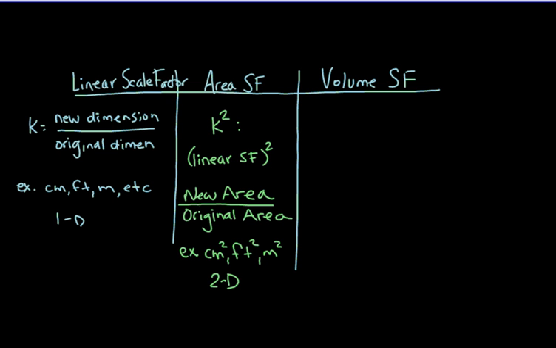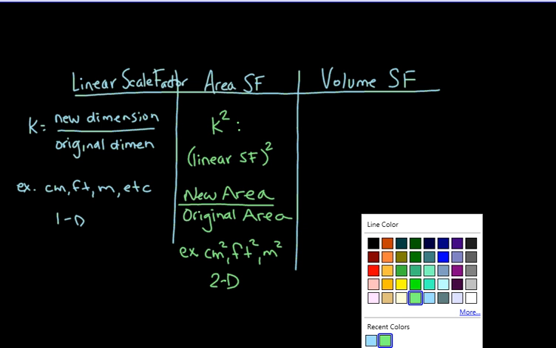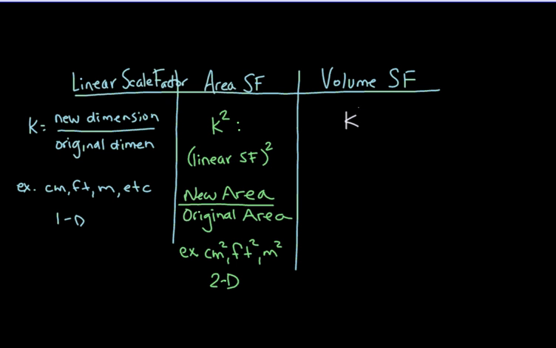And then volume, we're going to look at that tomorrow, and that's by taking our linear scale factor and cubing it. So it would be K cubed, or linear scale factor cubed.